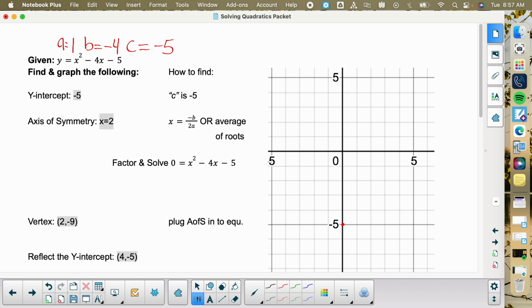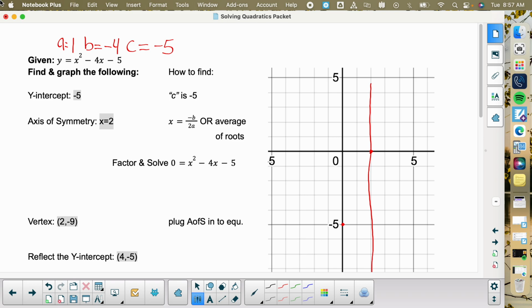So that's 2. And then how do we draw that? I wouldn't write it as a point. Yep, there we go. So that's going to be our axis of symmetry. That's the middle of the parabola. Nice.